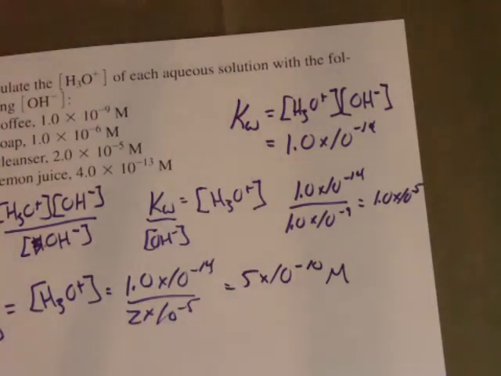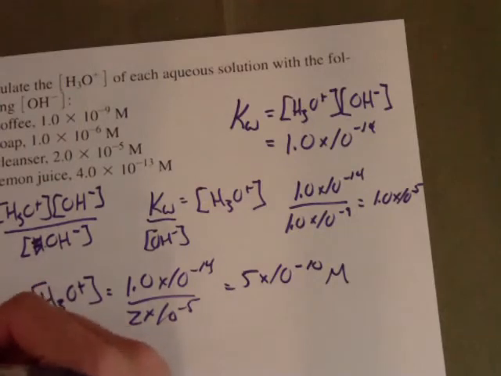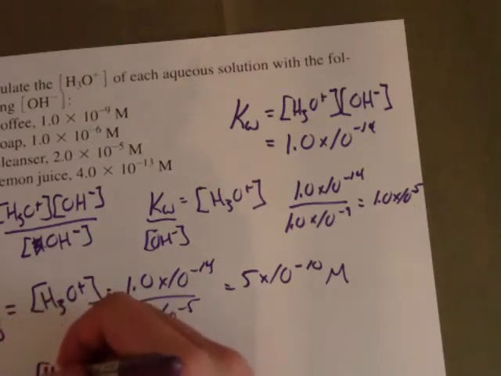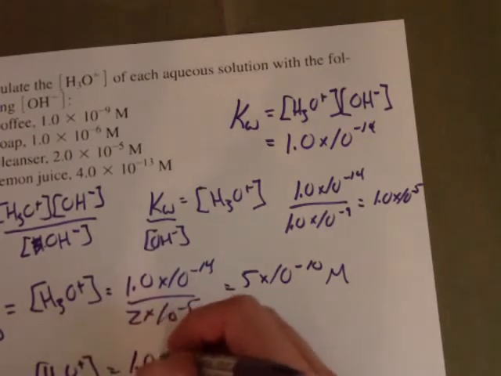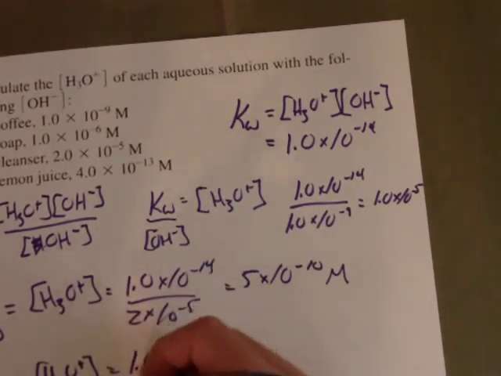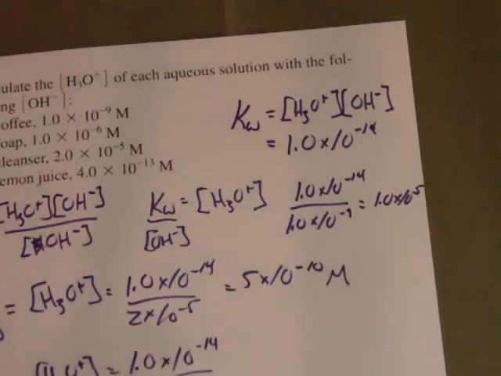And then the last one, we'll look at D. D, again, we'll start with Kw over OH minus is equal to H3O plus. And that gives us 1.0 times 10 to the minus 14 divided by 4.0 times 10 to the minus 13.